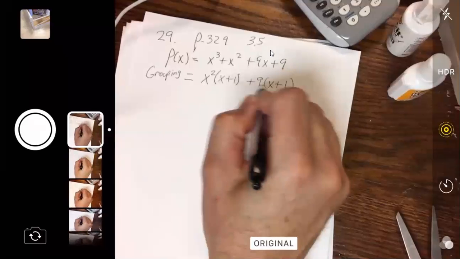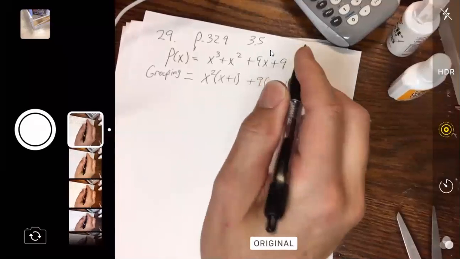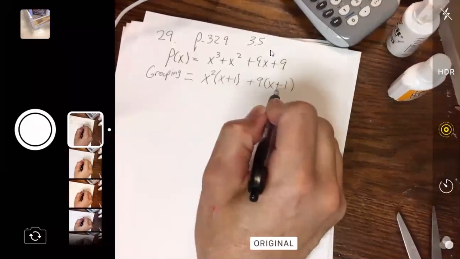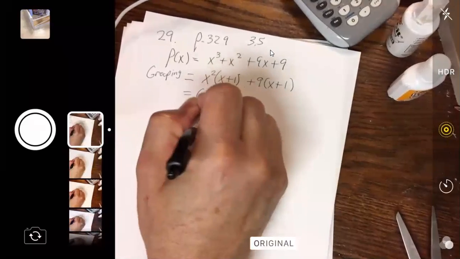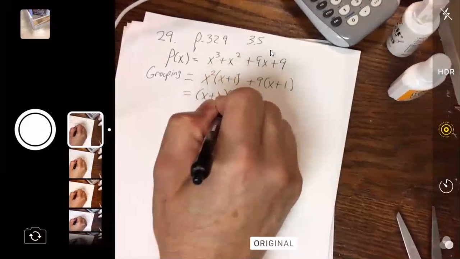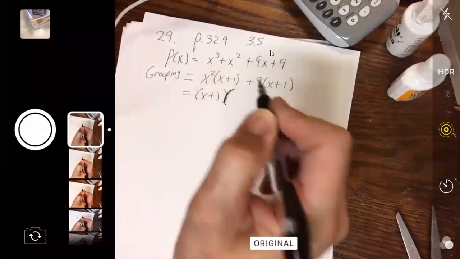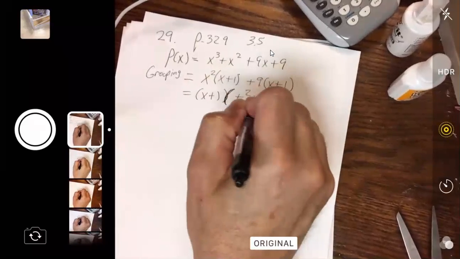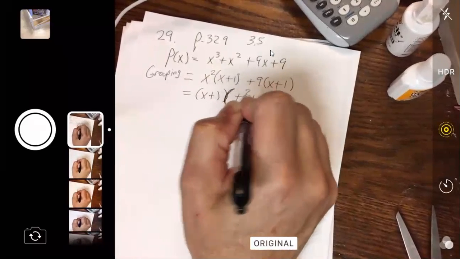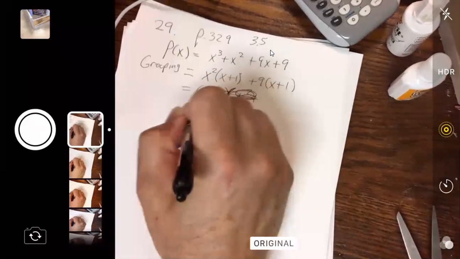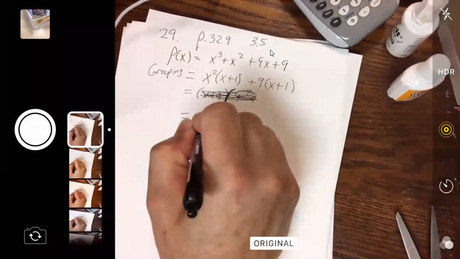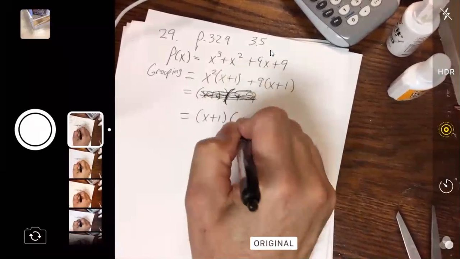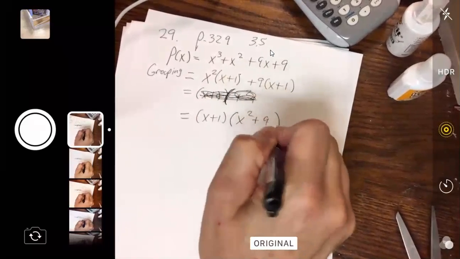Remember, every line has to multiply back to the line above. Now you've got a common factor of x plus 1, which you pull out, making a big parentheses the other way. You're left with x squared plus 9.